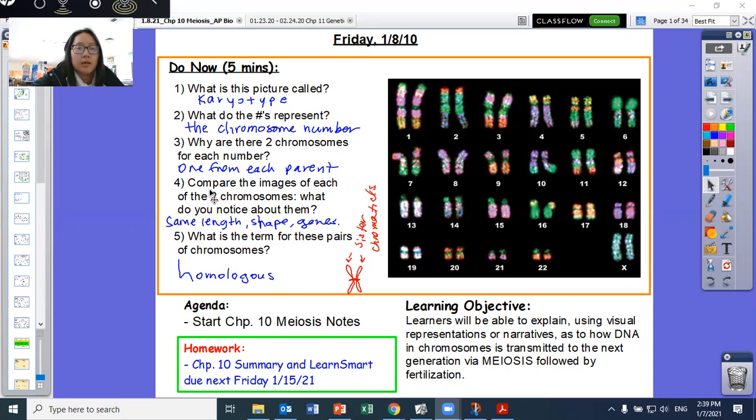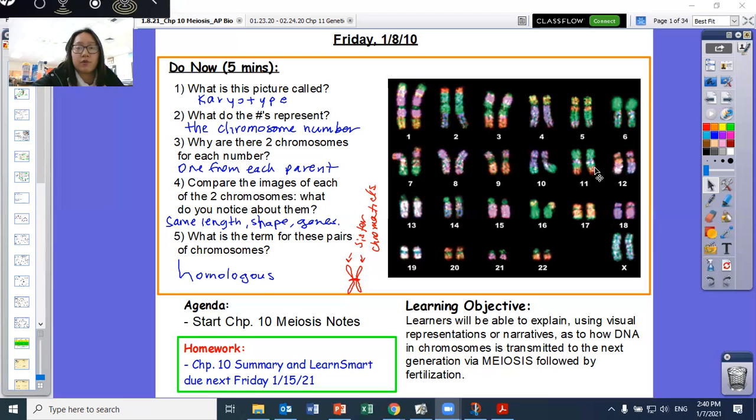When you compare the images of each of the 2 chromosomes, what do you notice about them? So when you notice the chromosomes for chromosome 1, they have the same shape, they have the same length, and they have the same genes on them. And the color here represents the genes. So it's kind of cool to see which genes are coded on which chromosomes. If you look at any of the pairs, you'll see that they pretty much look the same because they all contain the gene that codes, for example, if chromosome 11 has a gene that codes for hair color, then both chromosome 11s will have the same type of gene.